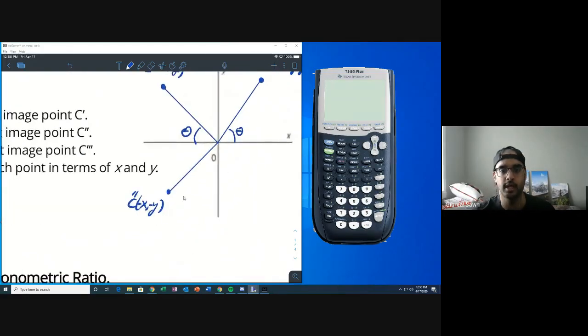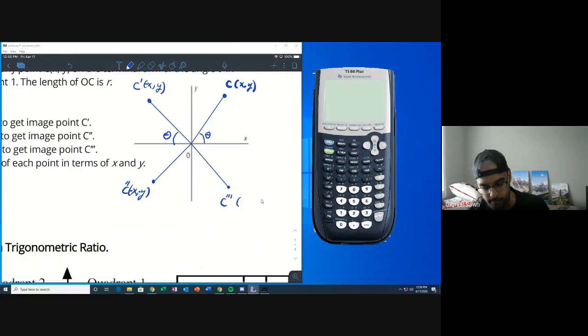Now if we do this one more time, flip that terminal arm into that other quadrant over the y-axis one more time, I get another terminal arm, same point just being reflected. This is the third time we're doing it, so C triple prime, positive x, negative y.